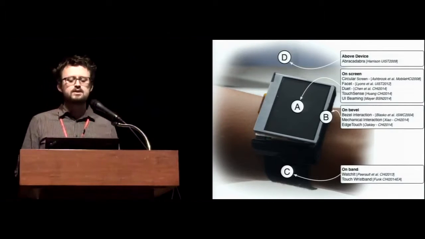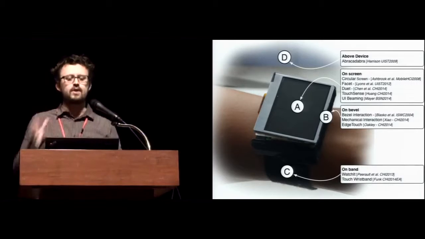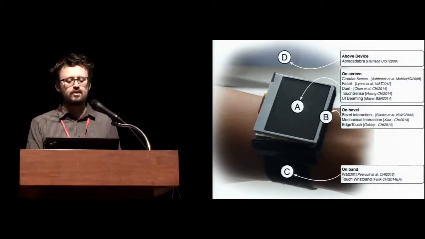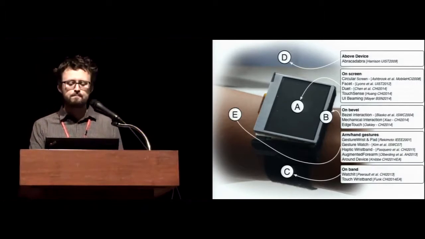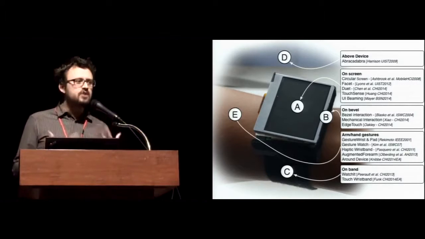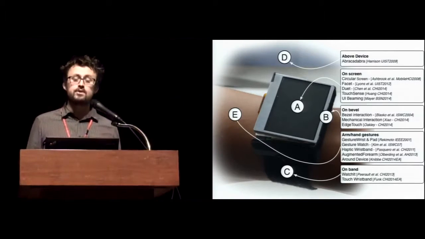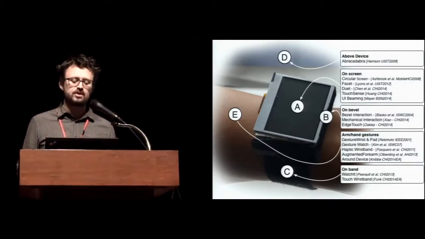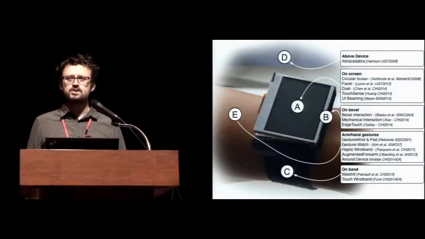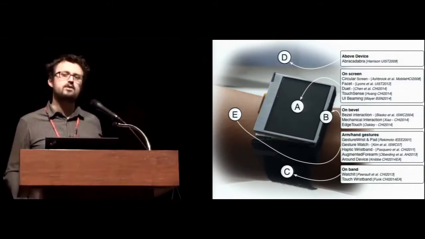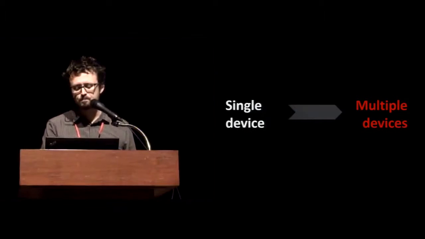Another part of this design space is the above-the-device interaction, like has been shown by Harrison et al. in Abracadabra. And finally, the entire watch hand or arm can really be used to support gestures and postures, which has been pioneered by the GestureWrist system by Rekimoto, and a number of people have followed up on that.